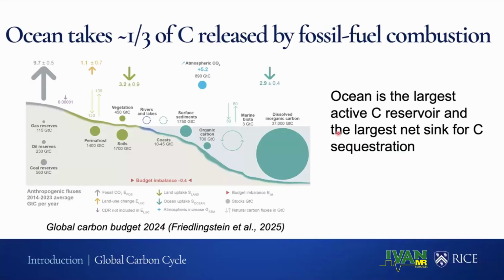In addition, the ocean is also the largest net carbon sink. It takes around one third of the total carbon released by fossil fuel combustion each year. And a large portion of this carbon absorbed by the ocean is transported to the deep ocean by the marine biological pump, which I will discuss in more detail in the next slides.